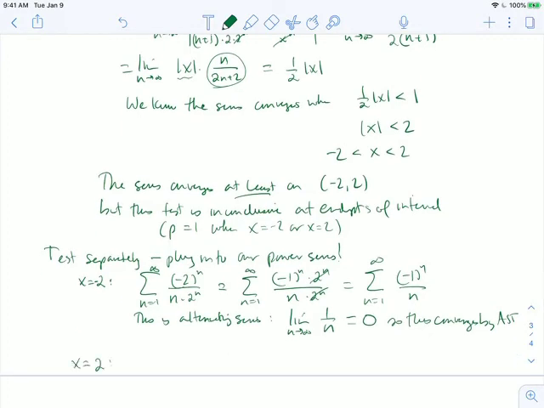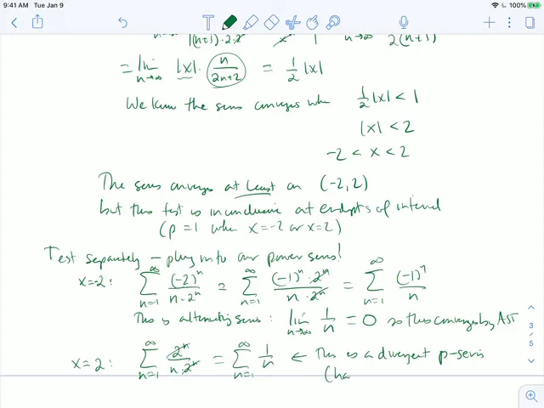What about x equals 2? Well, I get 2 to the n over n times 2 to the n. The 2 to the n's cancel. And so I get the summation n equals 1 to infinity of 1 over n. This is a divergent p series.